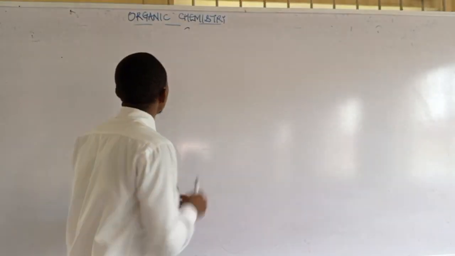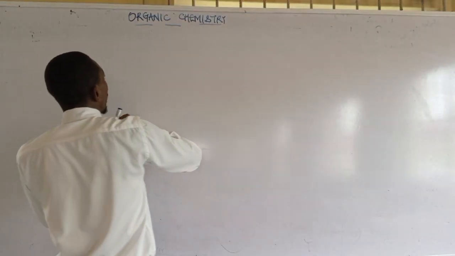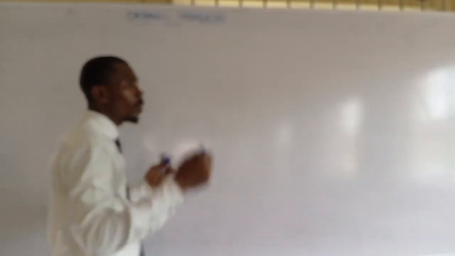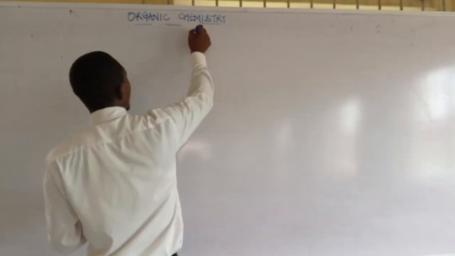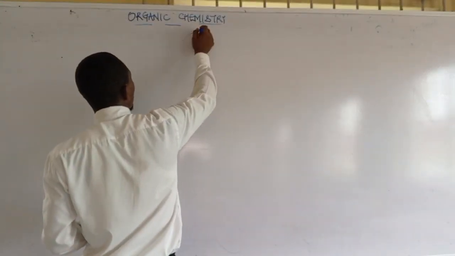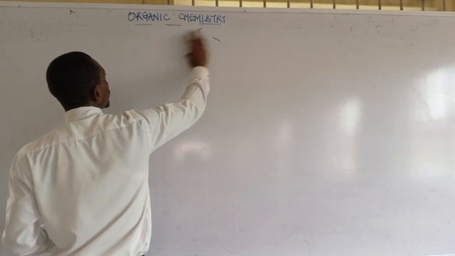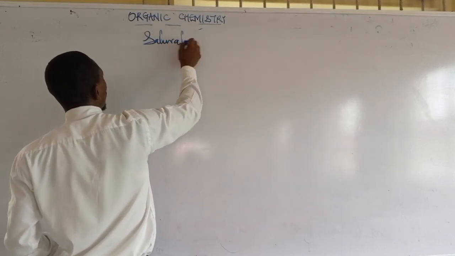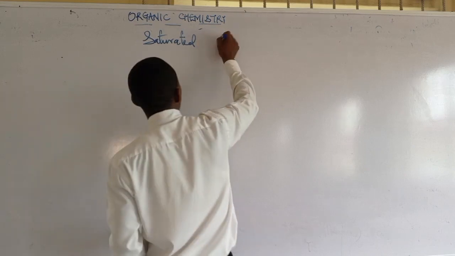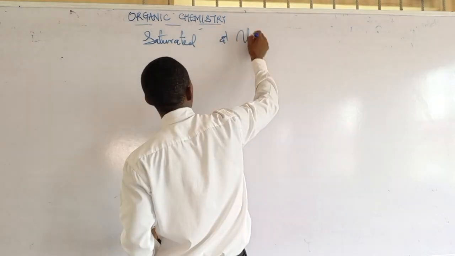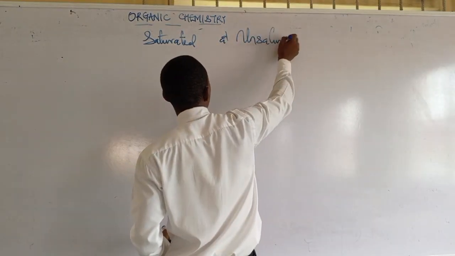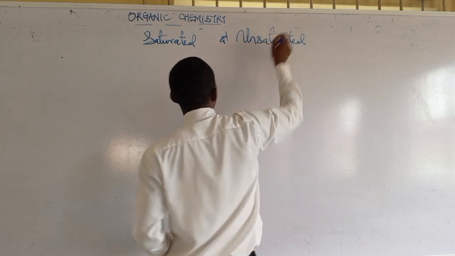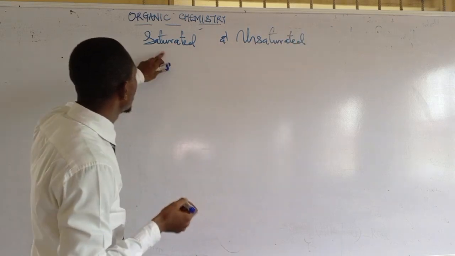Take note of that. So let's divide organic compounds based on their degree of saturatedness into two broad classifications. We could have saturated compounds and we could have unsaturated compounds. By saturated compounds, what do we mean?